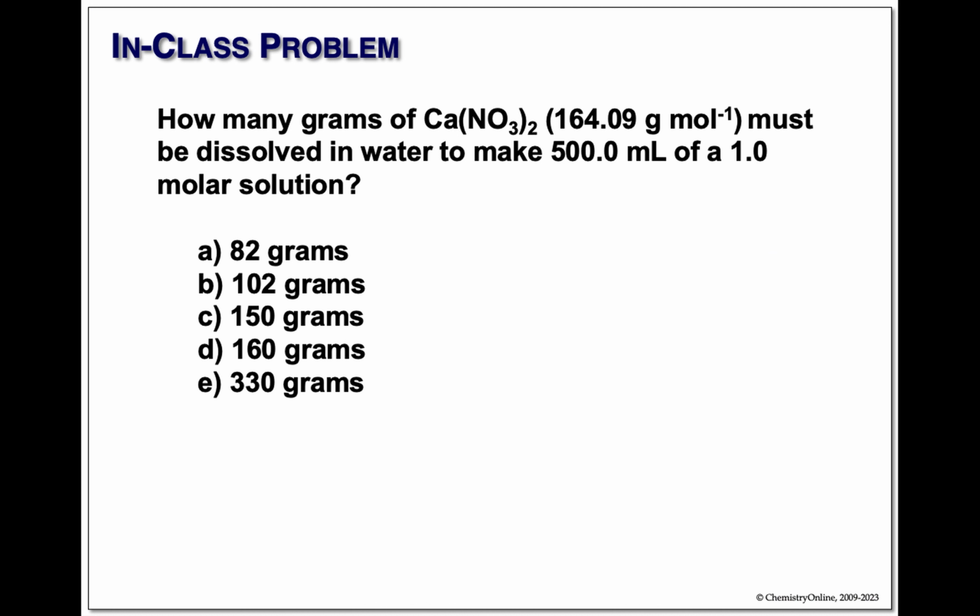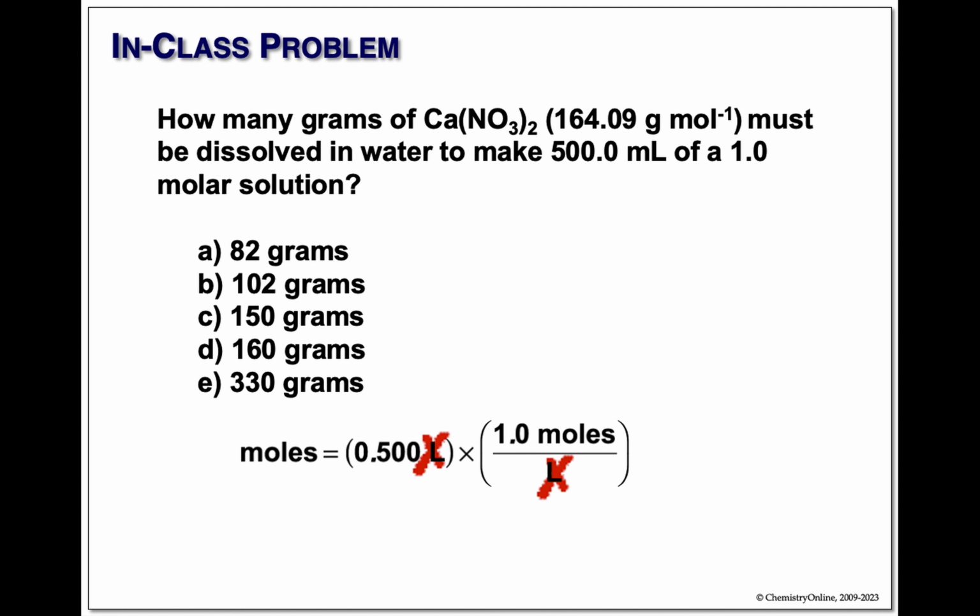How many grams of calcium nitrate do we have to dissolve to make 500 mils of 1 molar solution? A 1 molar solution has 1 mole per liter, right? We're dealing with half a liter, and we want a solution of 1 mole per liter.